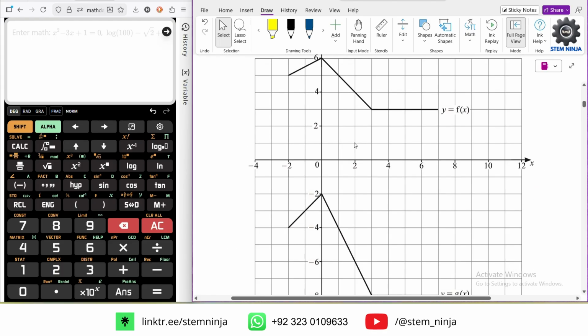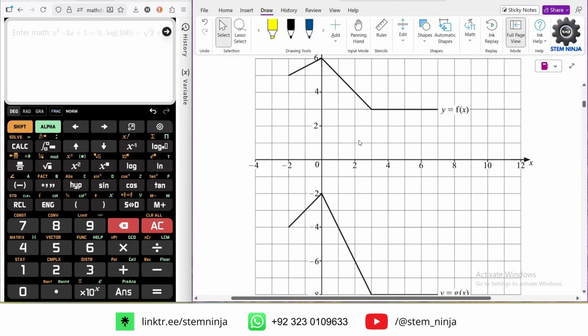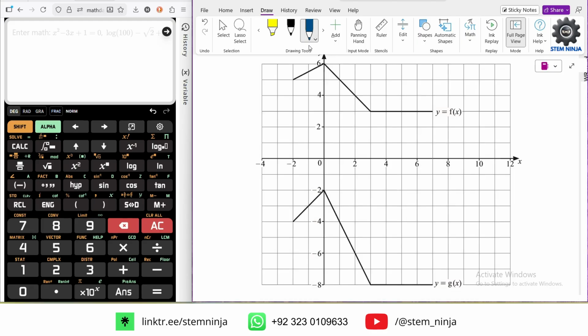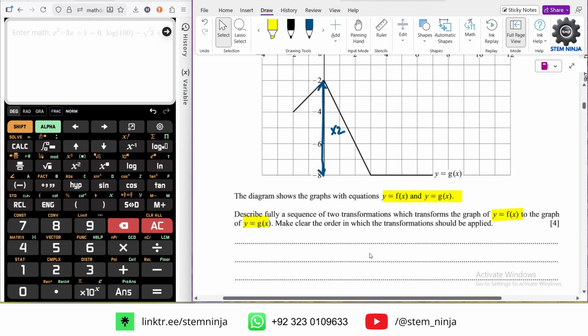Okay, so we can see that there are two transformations happening over here. There is a vertical stretch happening over here, like this is for example 3 units and this is 6 units, 2 to minus 8, minus 2 to minus 8, basically a stretch by 2 vertically, and there is a translation happening, but depending on which comes first, the answer will be different.